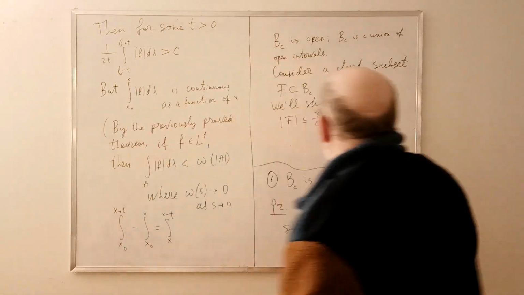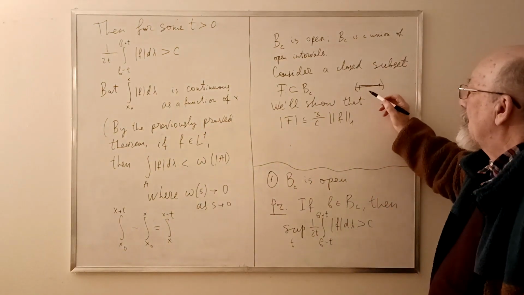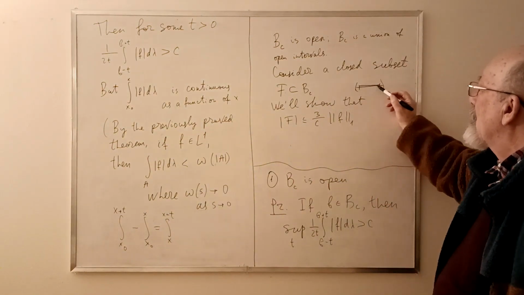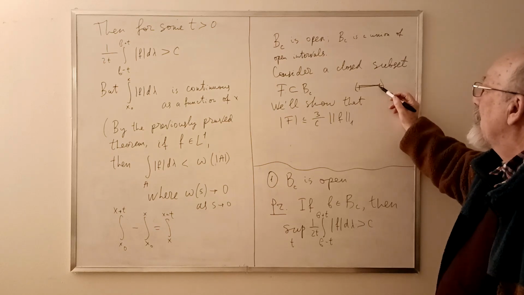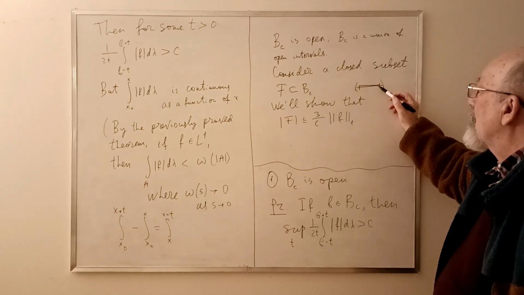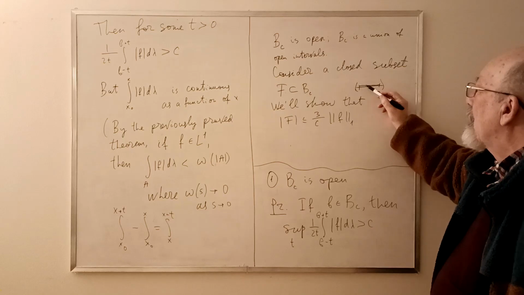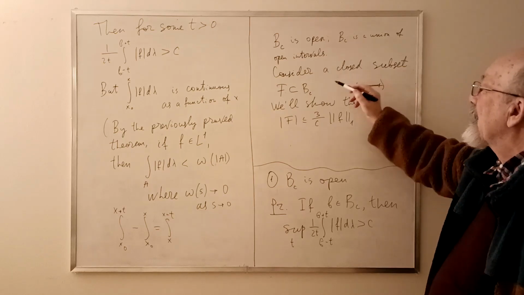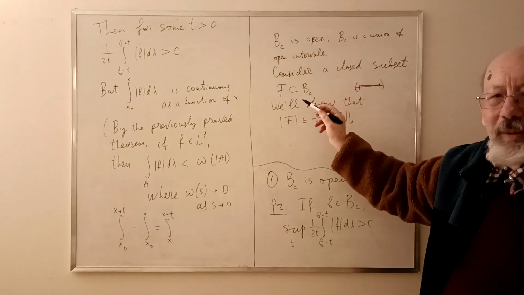And this is enough because we can take this set arbitrarily close to the set BC itself.